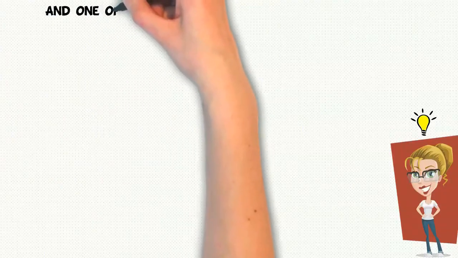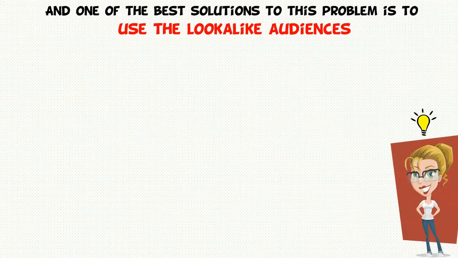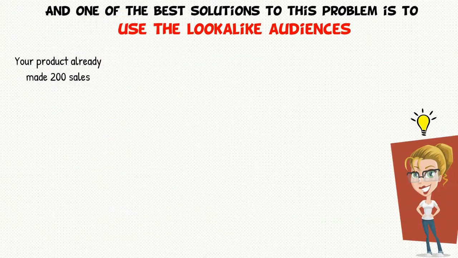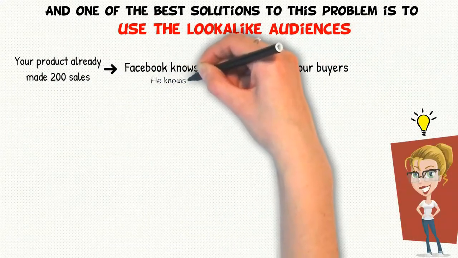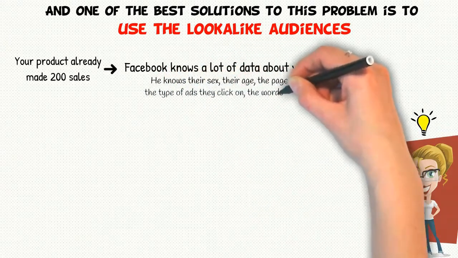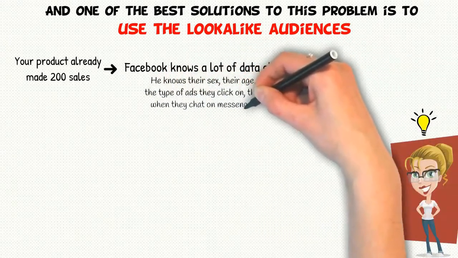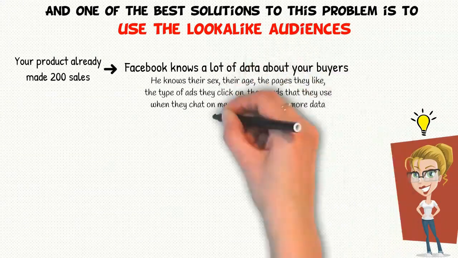So you find yourself forced into finding another audience to market your product to. And one of the best solutions to this problem is to use the lookalike audiences, and I'm going to show you why. Let's go back to our example. Your product already made 200 sales, and Facebook knows a lot of data about your buyers. He knows their sex, their age, the pages they like, the type of ads they click on, the words they use when they are chatting, and a lot more data.